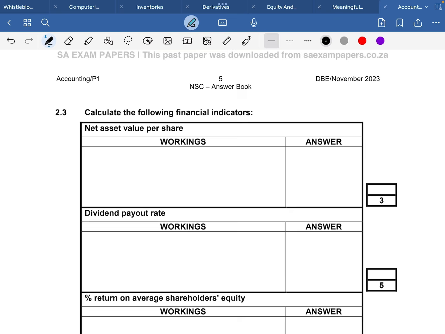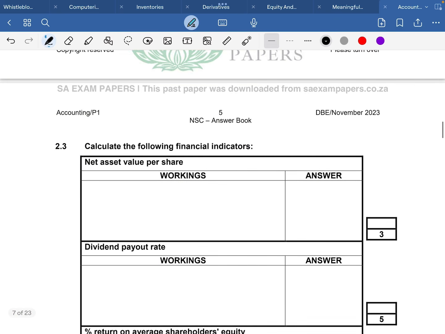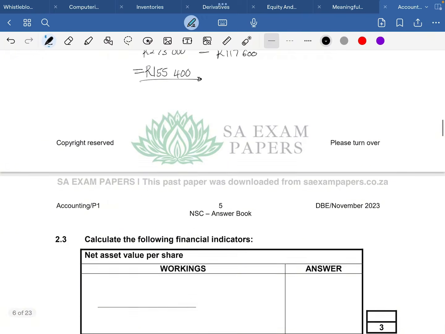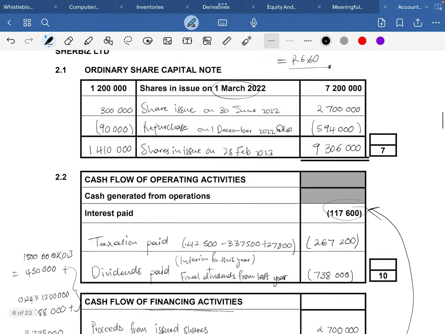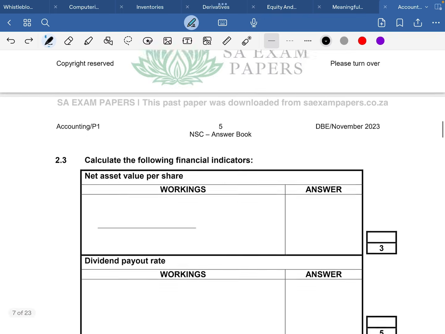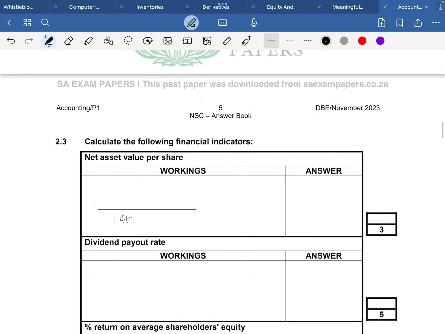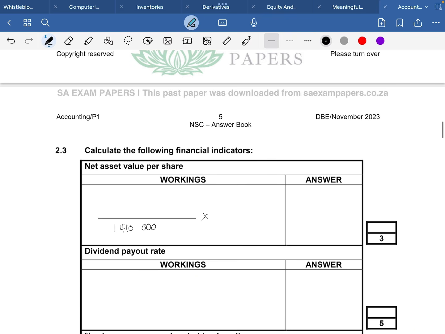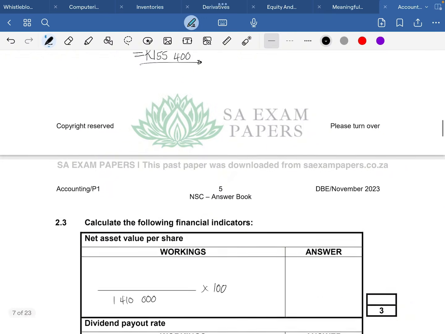For the net asset value per share, we already have our number of shares at the end of the year, which is 1,410,000. Now what we have to work on is our net asset value per share.